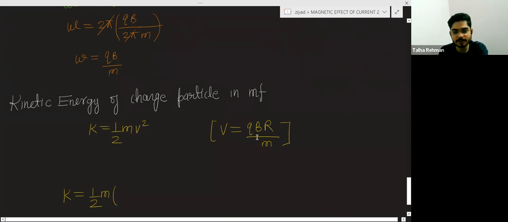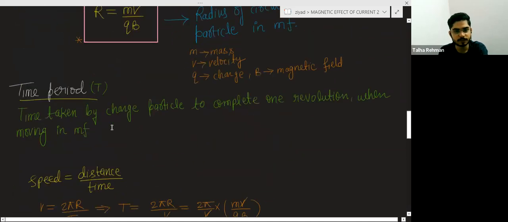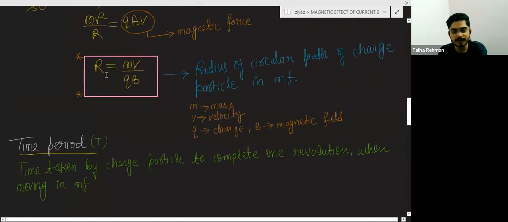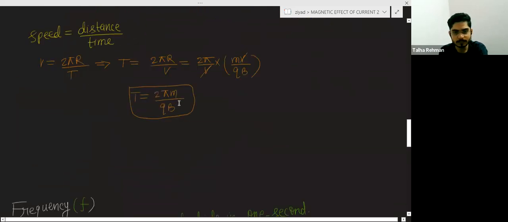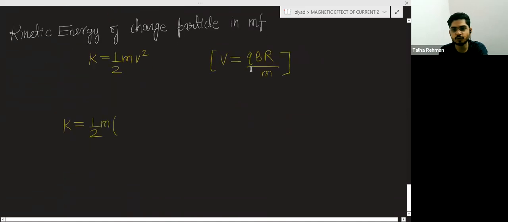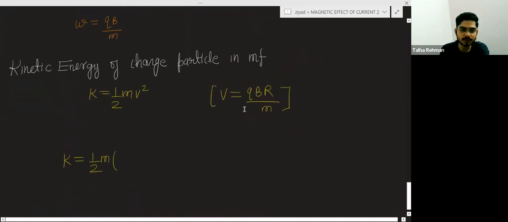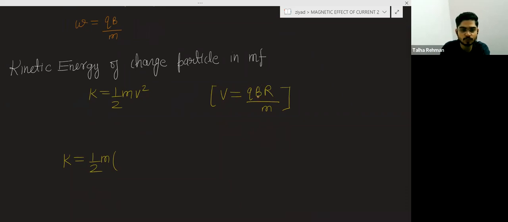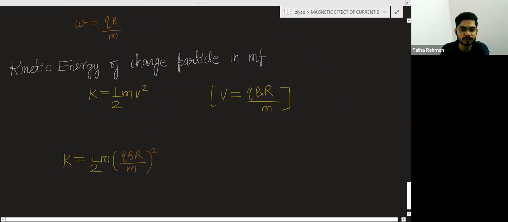This v square we will put from this equation. From the equation of r, you can calculate the value of v. This is now so simple. r is mv divided by qB, so v is qBr divided by m. You will put the value of v from here, that is qBr divided by m, and square of this, because this is the velocity.